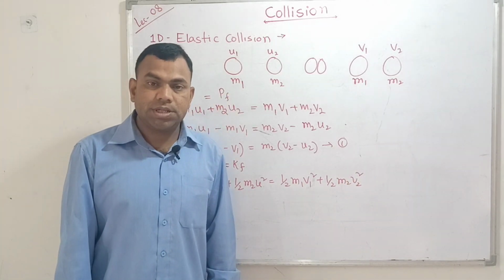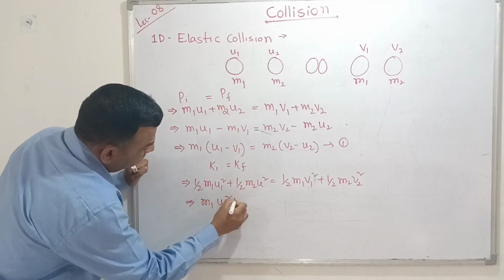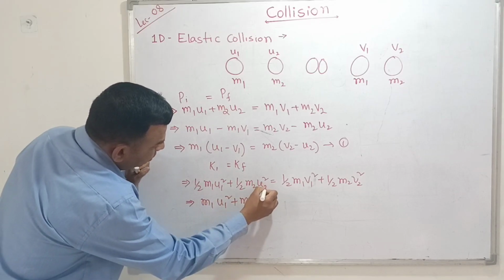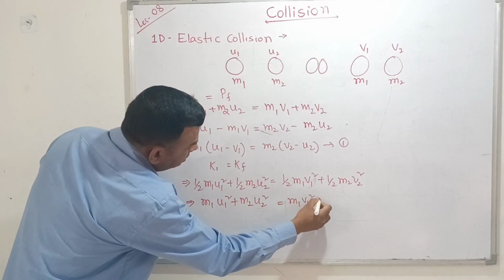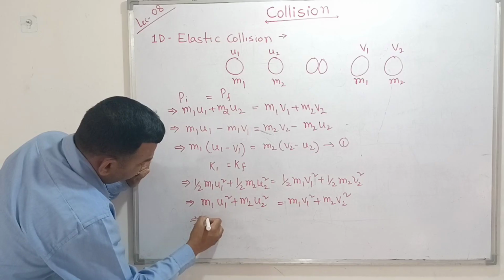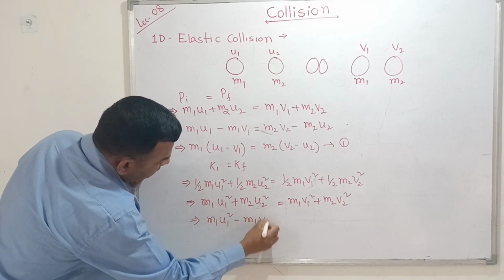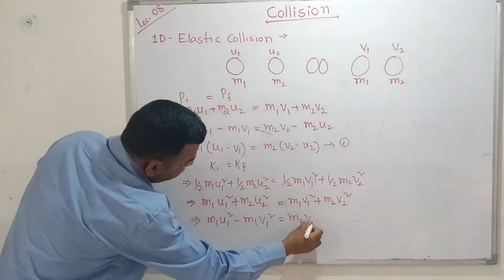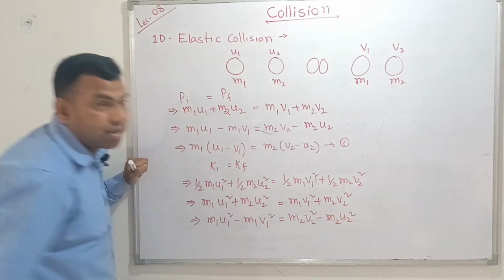Correct? This is the second condition. You can rewrite the equation as m1 u1 square plus m2 u2 square equal m1 v1 square plus m2 v2 square. Now m1 u1 square minus m1 v1 square equal m2 v2 square minus m2 u2 square.